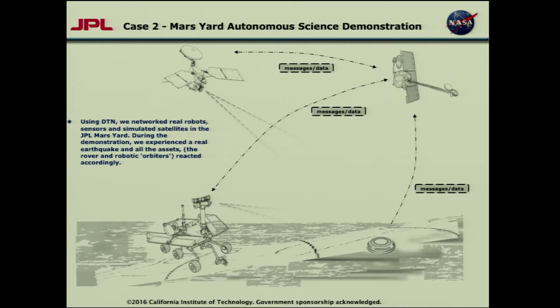The seismic sensor was basically like a Phoenix lander sort of thing. It would send a message to the relay orbiter, who would then tell the rover that, oh, something happened over there, can you go over there and take a look at it and take some pictures? And it would also send a message to the science orbiter, so when it flies over, it'll take some pictures.